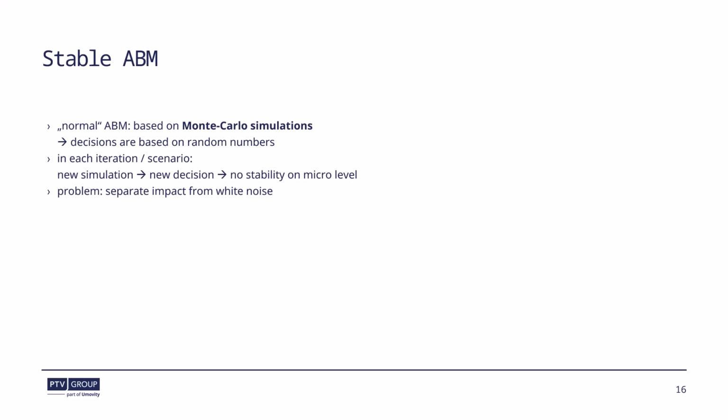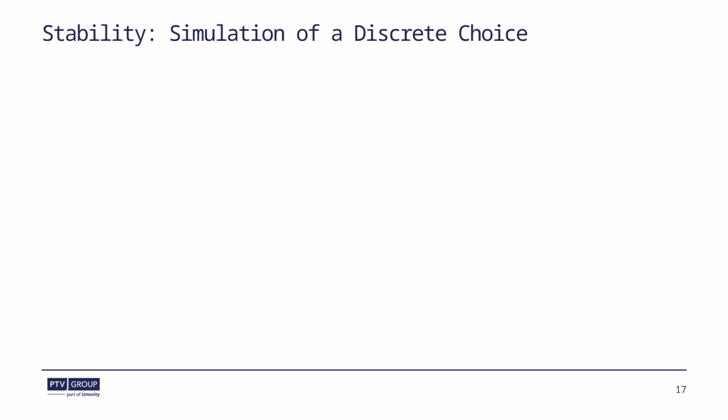You sometimes cannot see the systematic changes because there's so much white noise. The good news is that Visum's ABM is stable. And I will show you in the next slides why. We will first have a look into the typical simulation of a discrete choice.